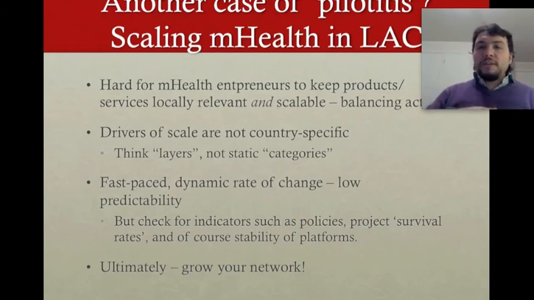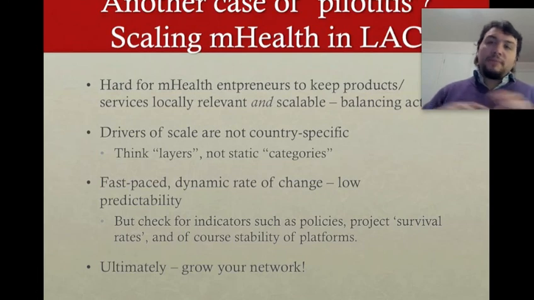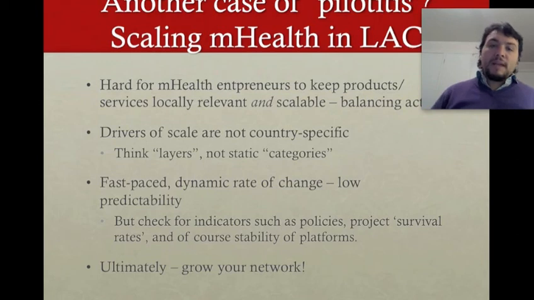There are emerging networks of professionals, of institutions that go beyond the usual geographical barriers. So you have to think layers. Think about networks. Don't think about static categories as countries are right now.